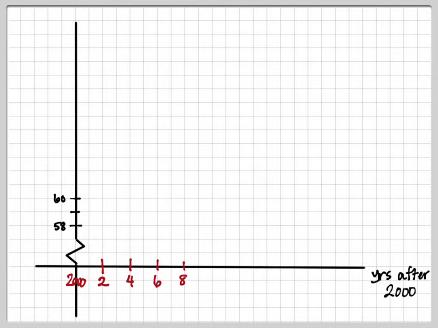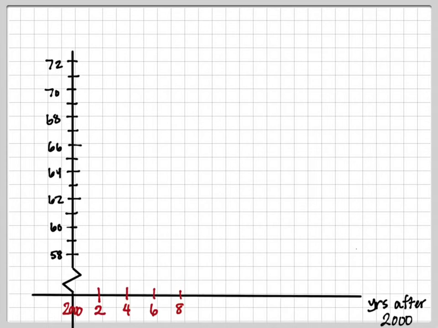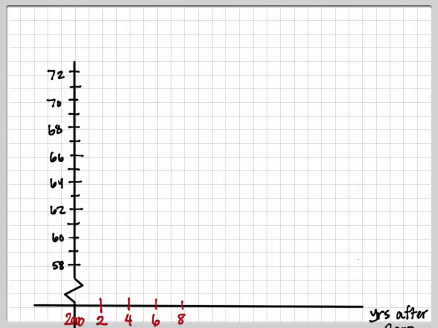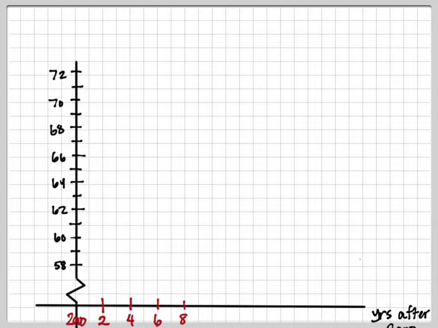So this is 60, 62, 64, 66. I hope I have enough space. 68, 70, getting tight, 72. Need to go to 77, huh? Okay, let's do this. Okay, I think that'll do it.